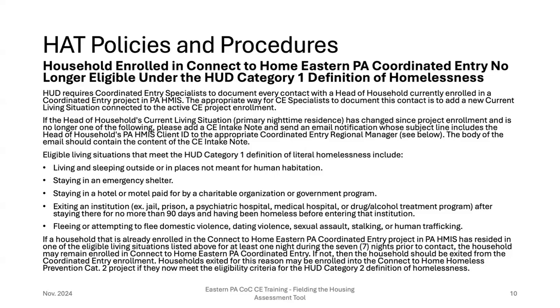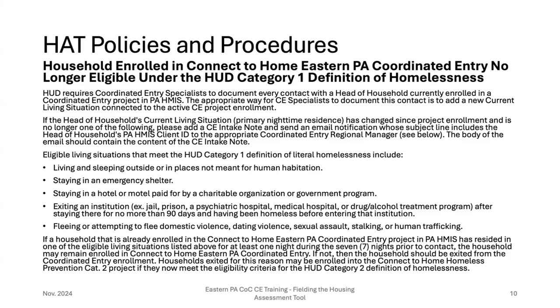That is no longer a reason to exit them immediately from the enrollment. If they say it's been over a week and I've been living with friends or family, that changes things. Then they're no longer Cat 1 eligible, and you would exit them from the Cat 1 enrollment.